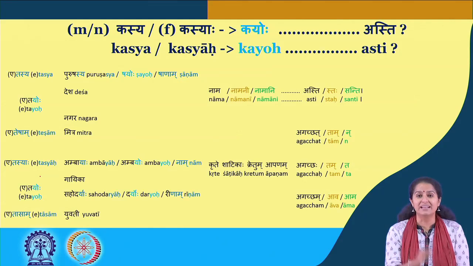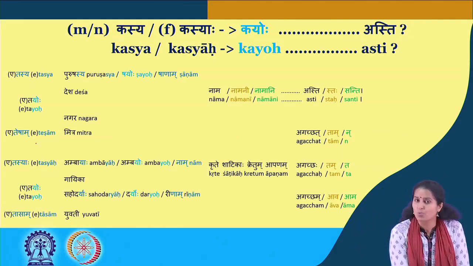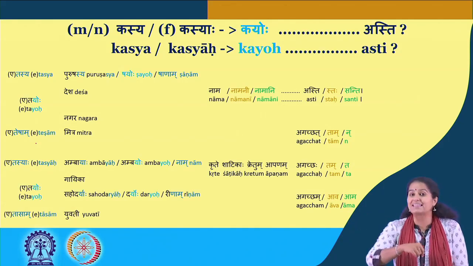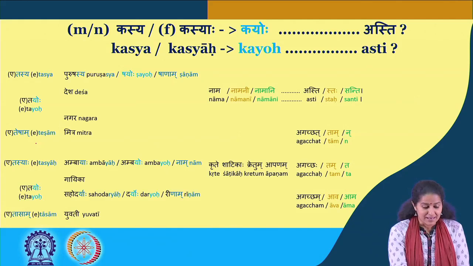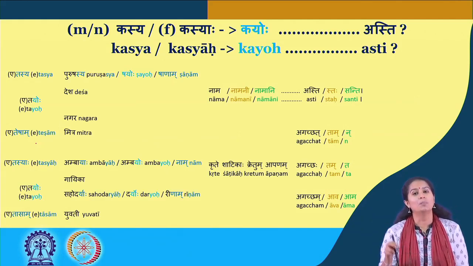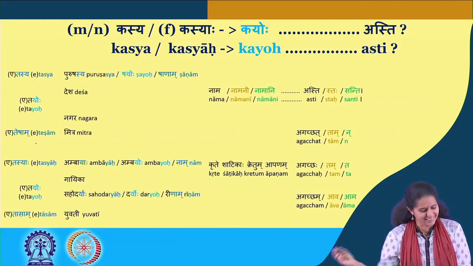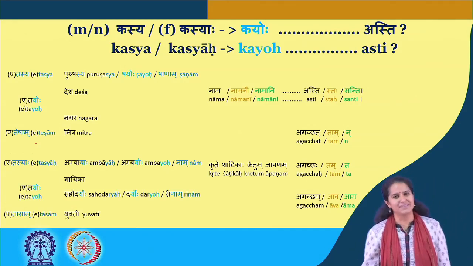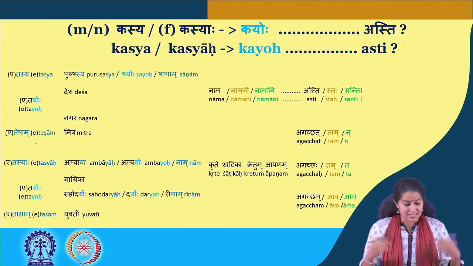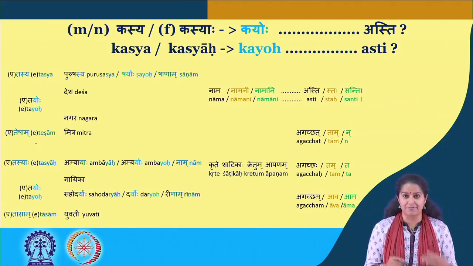And finally tesham nagaranam namani. Uttamam. Let's do one with etasya at least. So etasya mitrasya nama. Uttamam. Next etayoho mitrayoho namani, and plural etesham mitranam namani. Uttamam.